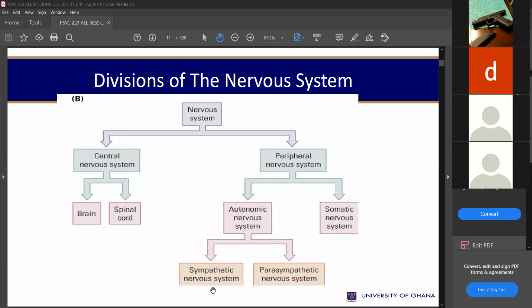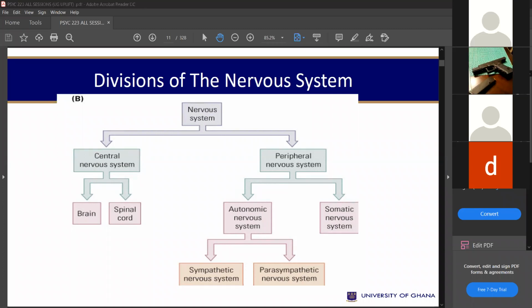Exactly. Okay, all right. So that's what normally happens. After you've gone through the fight, freeze, and flight responses, the parasympathetic will then set in to prepare your body into a normal state.